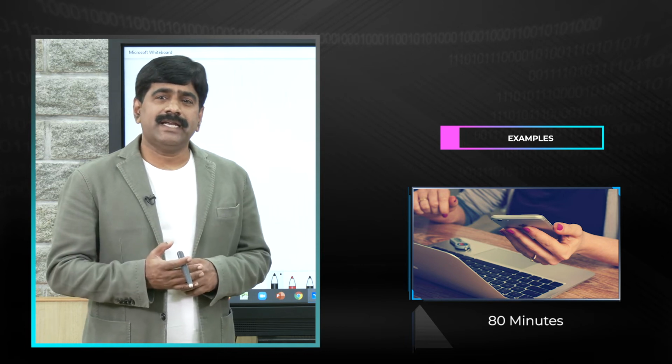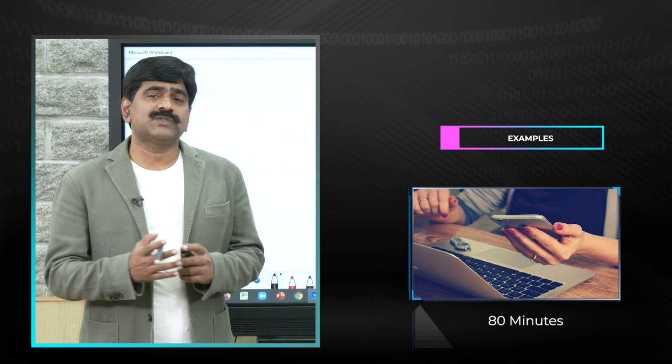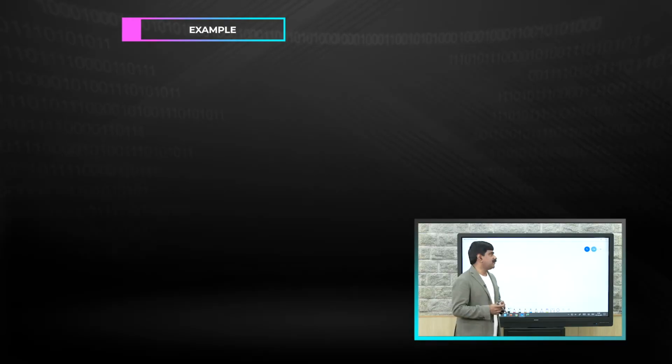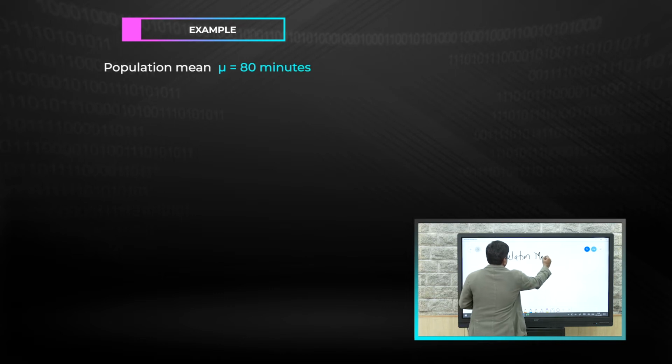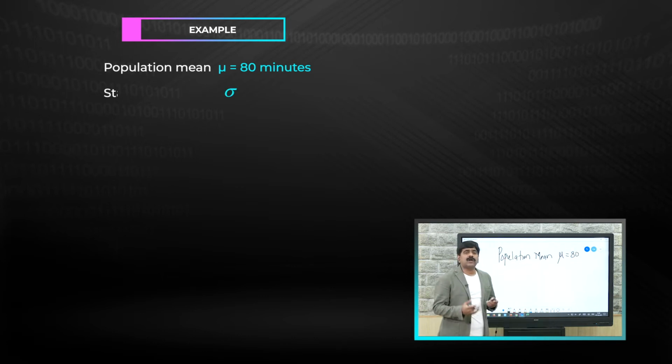Now we need to calculate the probability that the average time spent by this sample of students will exceed 84 minutes. So what we have is the population mean mu, which is 80 minutes, and we also know the standard deviation of the population.